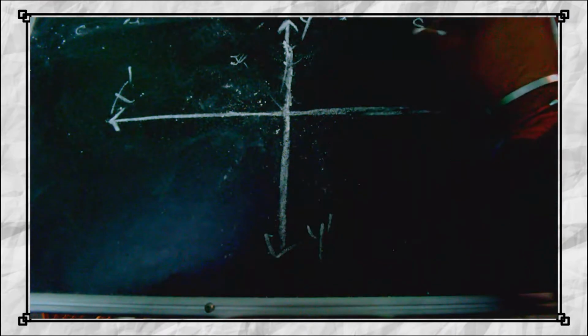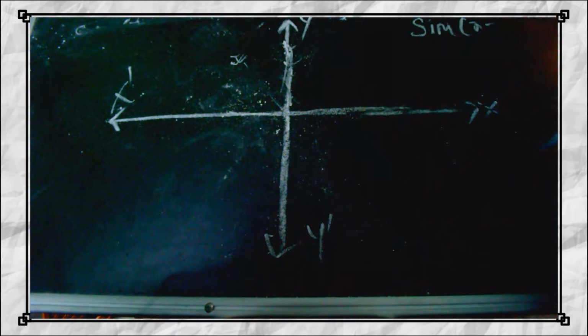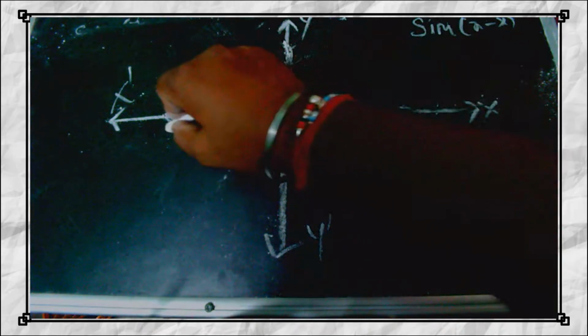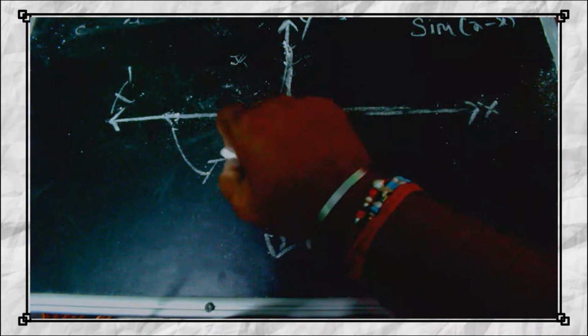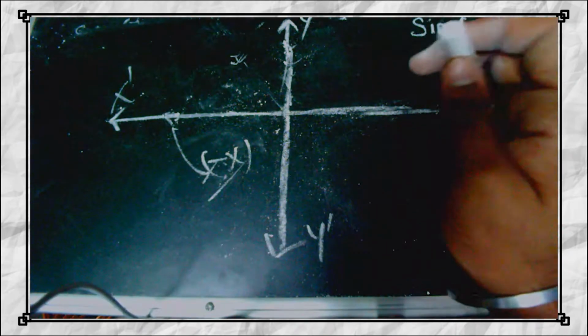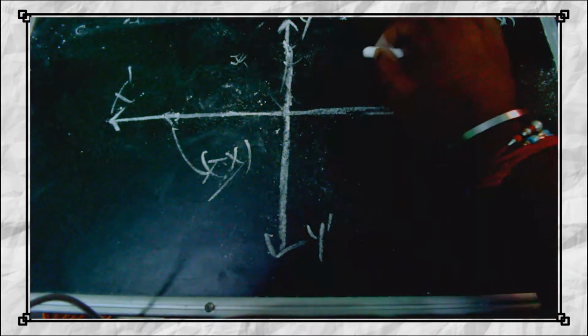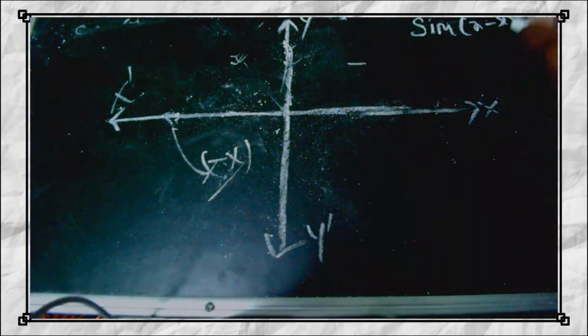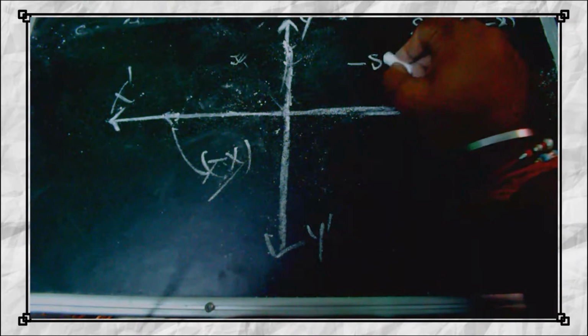Next is our value of sine of pi minus x. So angle pi will be 180 degrees, here, and minus x will be somewhere here. In the third quadrant sine is negative, so the sign will be minus, and as it is pi minus x, it will be sine of minus x.